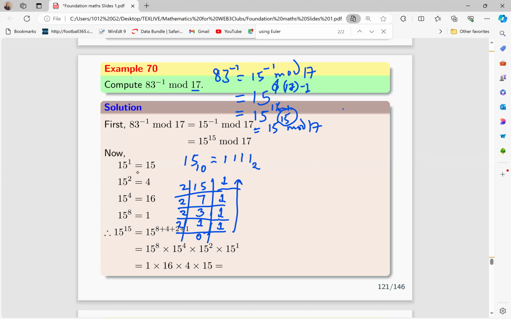It's telling us that we will square 4 times, then combine all of them. The first time is 15 raised to 1, which is 15.